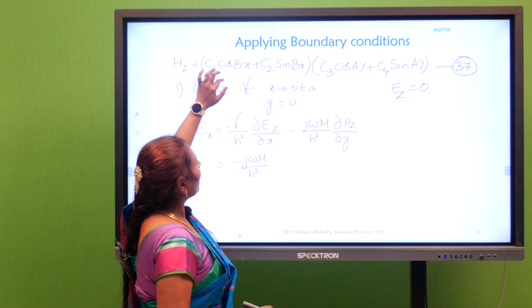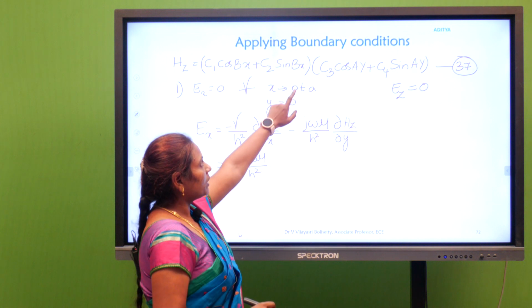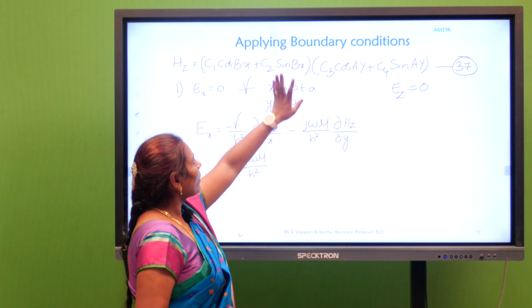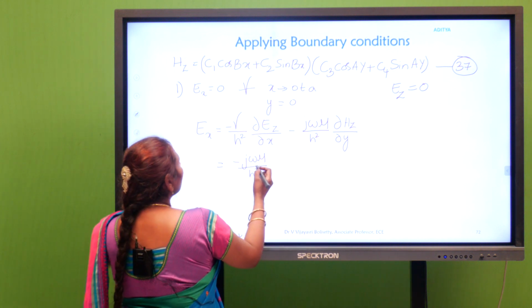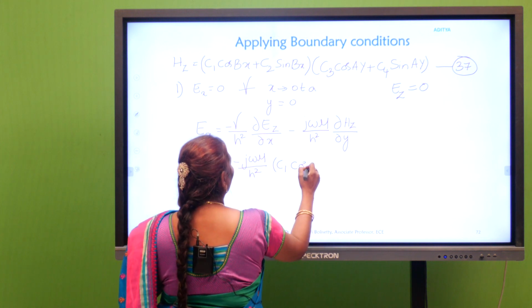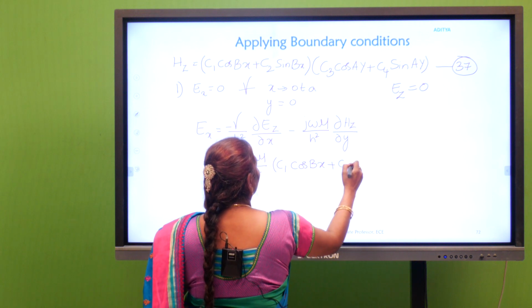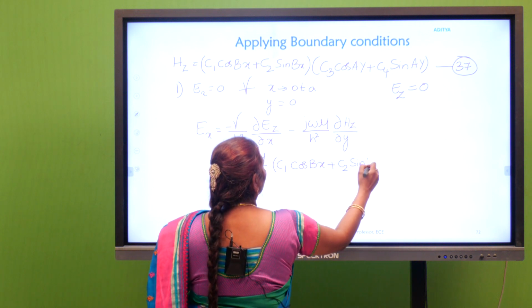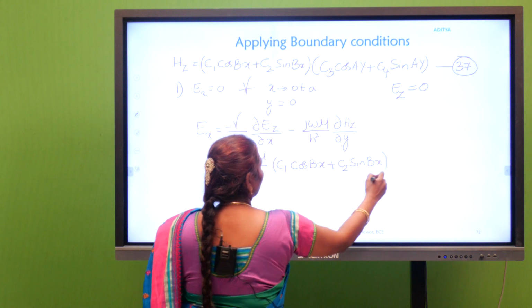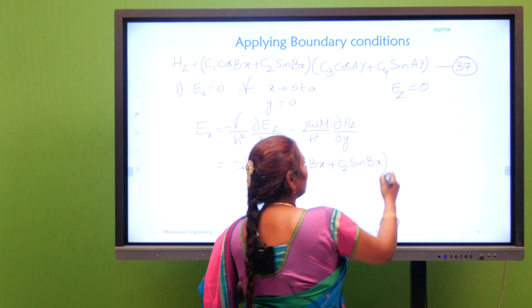So we have to apply the differentiation with respect to y. While differentiating with respect to y, the x term remains constant, so we take C1 cos bx plus C2 sin bx as a constant.